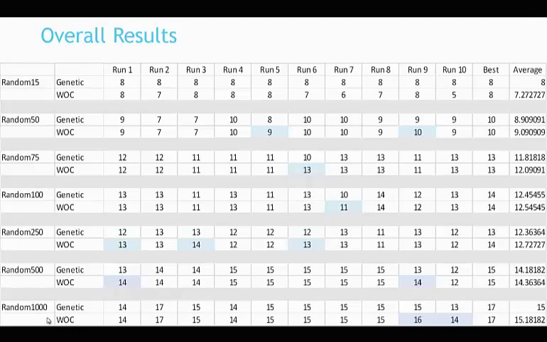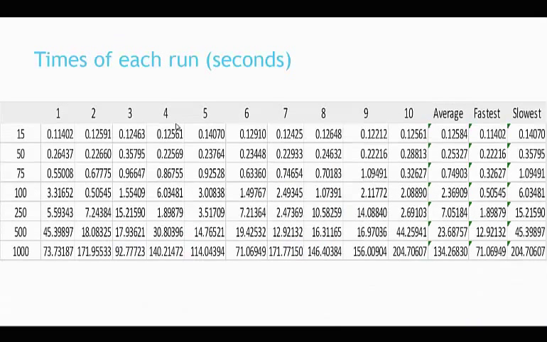So the wisdom of the crowd algorithm, although it did not always improve upon the answer returned by the genetic algorithm, it did for about, I believe it was 17% of the cases, or approximately 2 times out of 10 runs for the bigger data sets. So again, overall, the results were good.